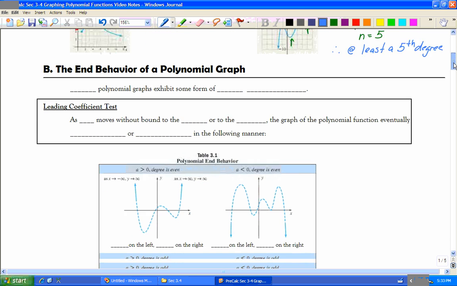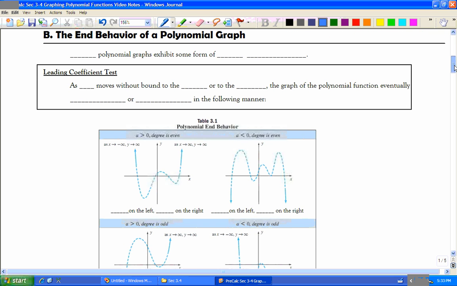Okay, let's start our next topic, which is the end behavior of a polynomial. And all polynomial graphs exhibit end behavior. One way we can figure out what that end behavior is is by looking at its degree and its leading coefficient.